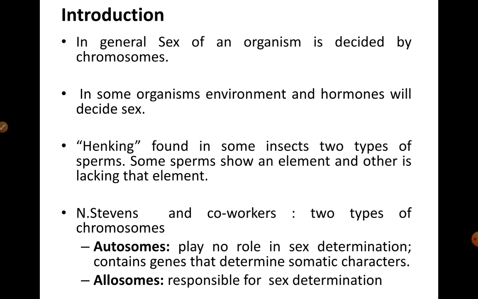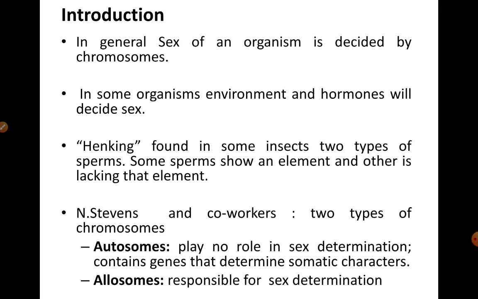Then Nettie Stevens and her co-workers identified two types of chromosomes. One is autosomes and the other one is allosomes. Now these autosomes are found in all cells.